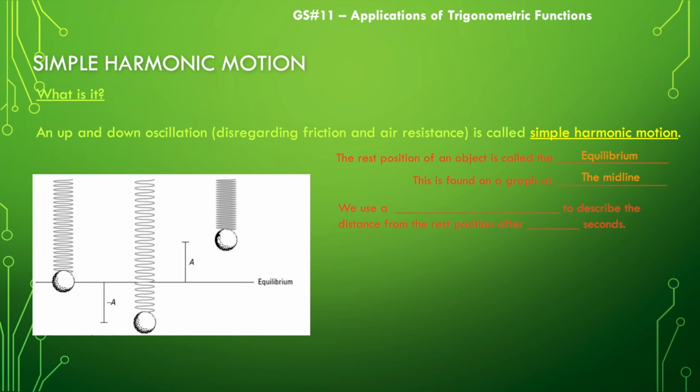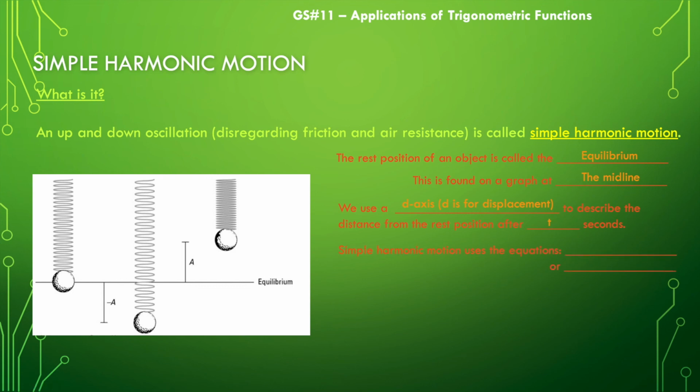We use a d-axis to describe the distance from the rest position after t seconds. So if we put a vertical line here, we would call that our d-axis.